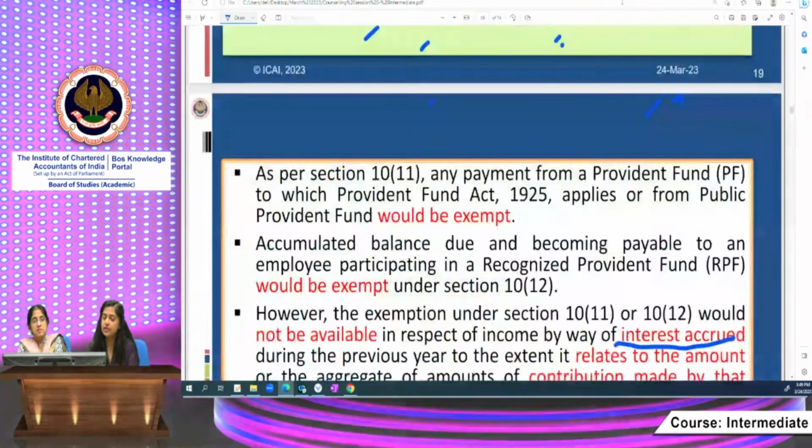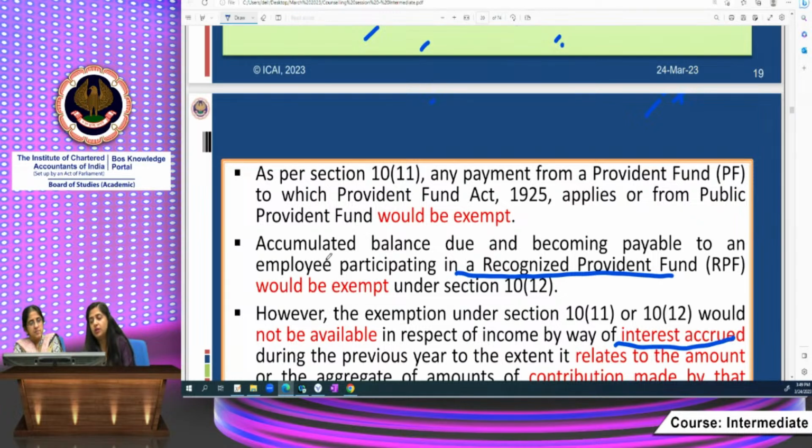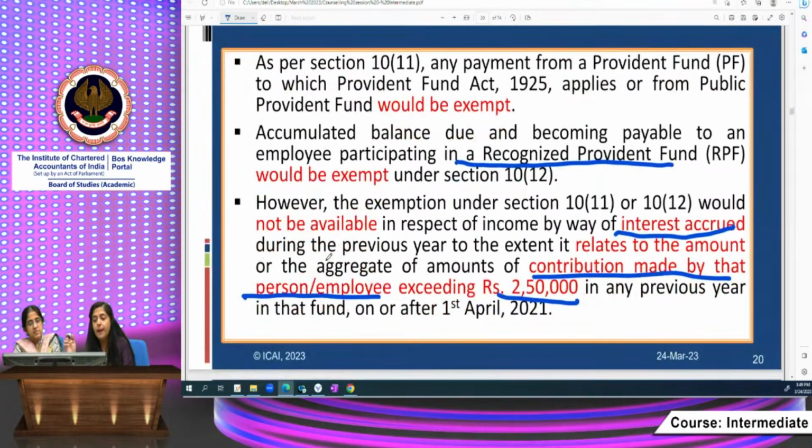As per section 10(12), the accumulated balance that becomes payable to an employee participating in RPF is exempt. Whatever interest is accruing on the recognized provident fund is exempt. But the interest accrued on the employee's contribution exceeding 2,50,000 is not exempt; it is taxable on or after 2021.